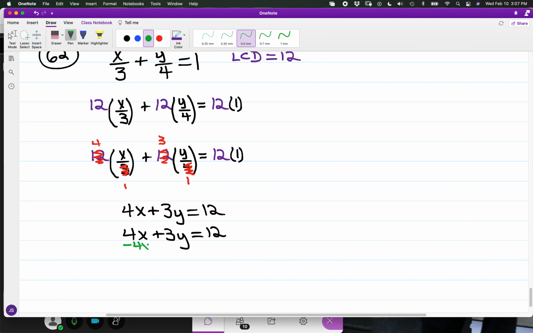first of all, upon subtracting 4x, we have that 3y is equal to negative 4x plus 12.